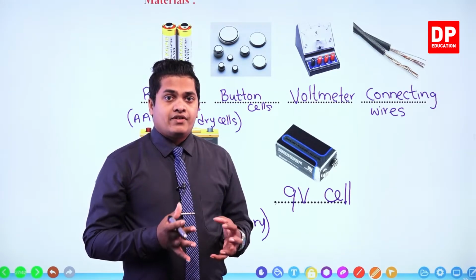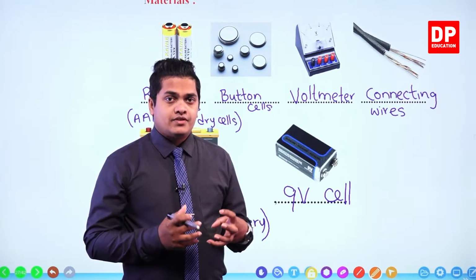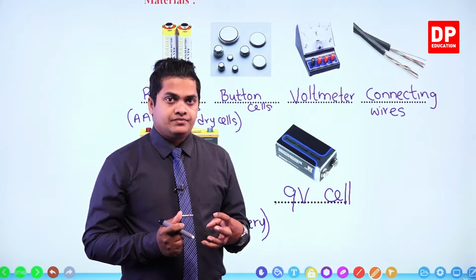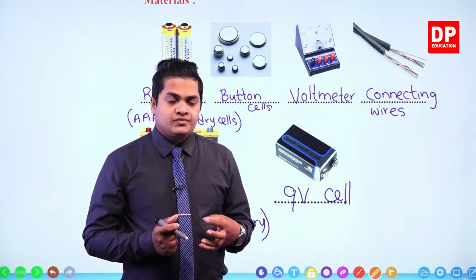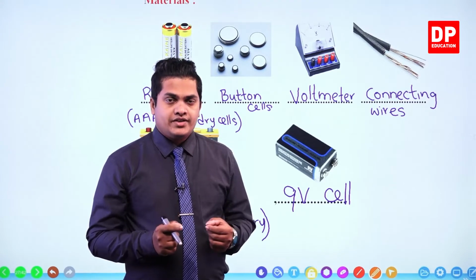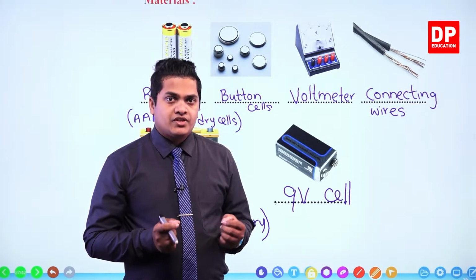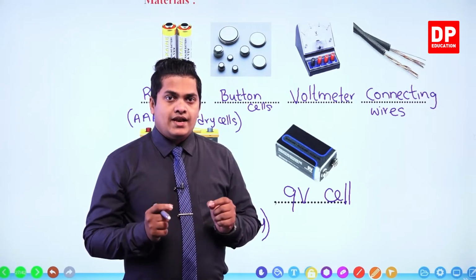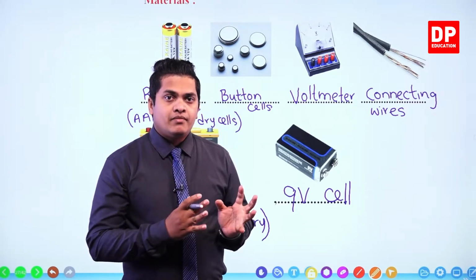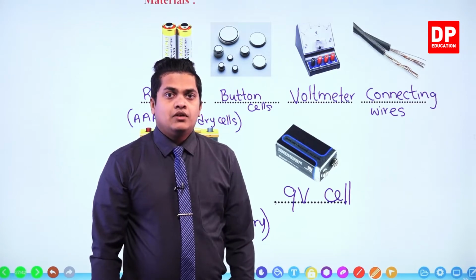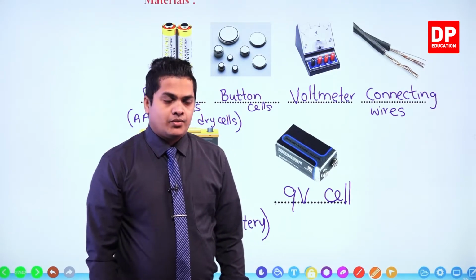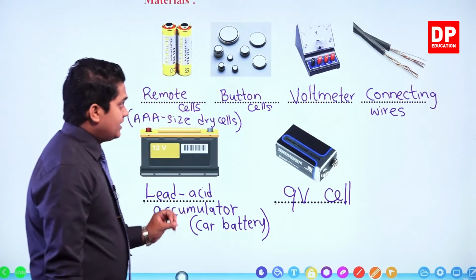That way you can find different kinds of dry cells and batteries. Then a voltmeter. Using some connecting wires, connect the positive end of the voltmeter to the positive end of the electric source and negative to the negative end. That way you can measure the potential difference, right? So these are the materials needed.